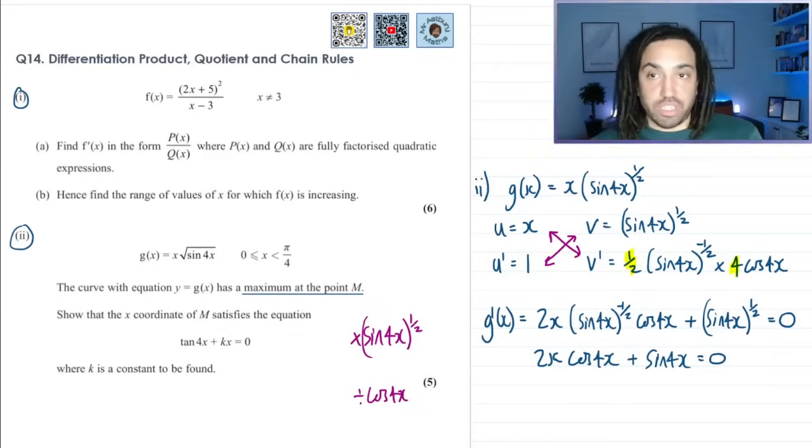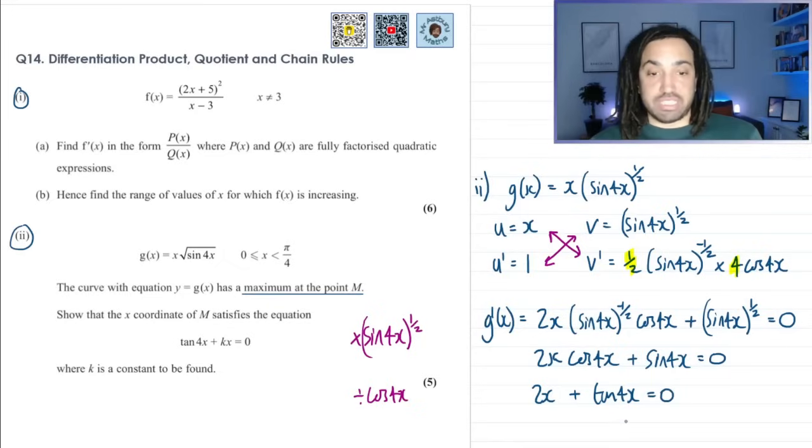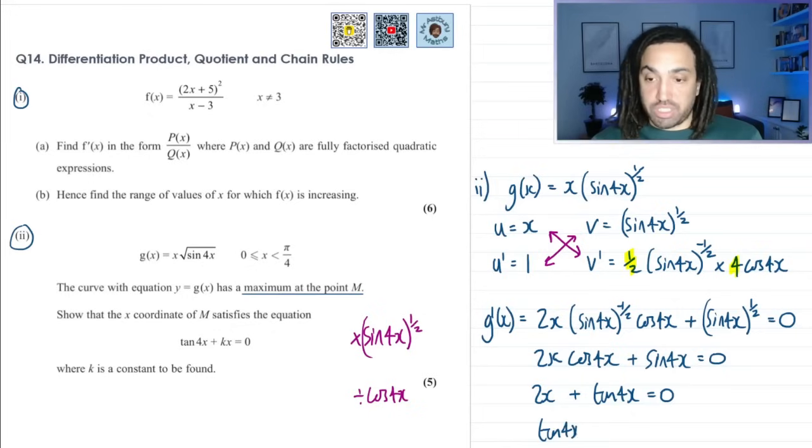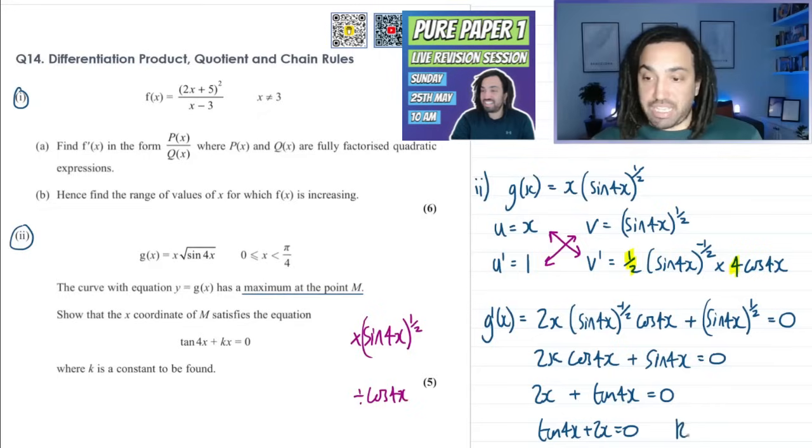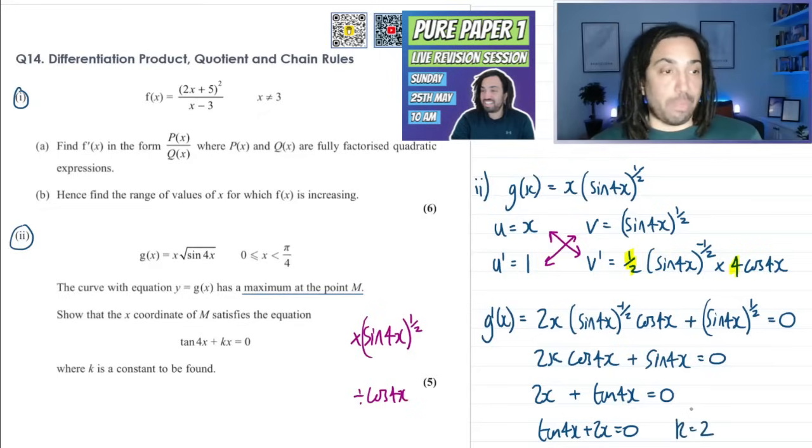So we're fine to do it, and this will give us, so cos 4x divided by cos 4x is 1. Sine 4x divided by cos 4x is tan 4x. And that equals 0, and we have exactly what they want, just swapped around, but I think that's fine. I'll write it out like this just for consistency, and I'll also say that k, the constant to be found, must be 2.